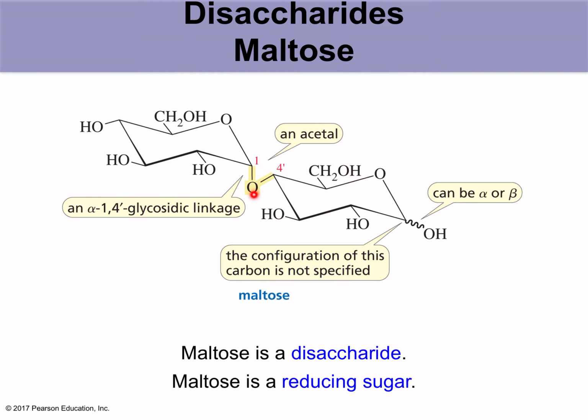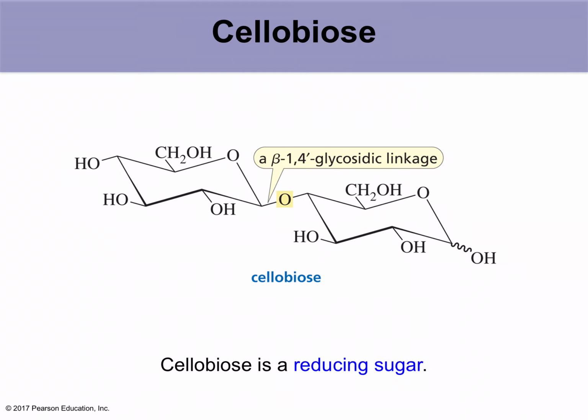That's the difference between maltose and cellobiose: the alpha or beta position of the glycosidic bond. Here's an acetal group, and at the same time it also has a hemiacetal group over here. So cellobiose is also a reducing sugar.